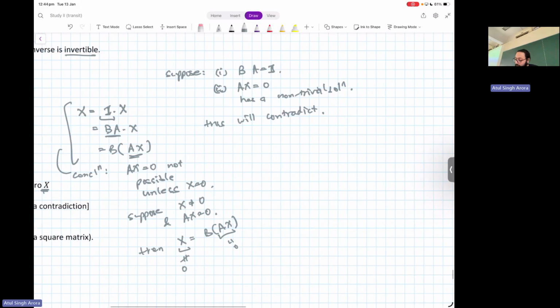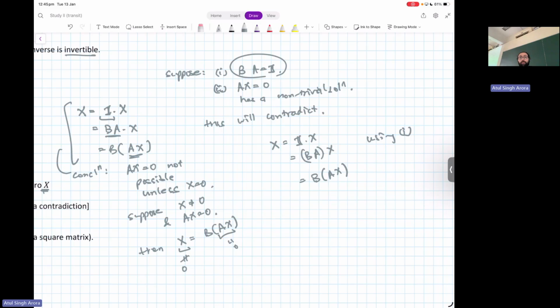And how do you show this? Well, you start with x. You just write x, and x we can write as identity times x, right? So this is completely fine, because we assume this statement. So using it, one can write BA times x, the substitution. So far so good. And now one can use associativity, because matrix multiplication is associative.